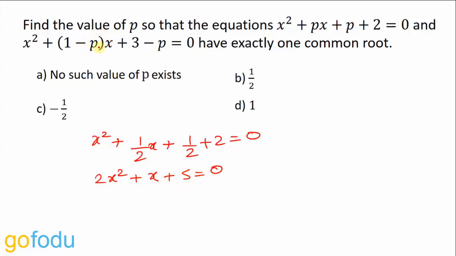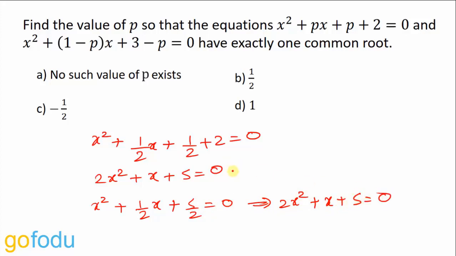And p as 1 by 2 here will make this equation x square plus 1 by 2 x plus 3 minus 1 by 2 is nothing but 5 by 2. So this equation is also 2x square plus x plus 5 is equal to 0. Same, this is equation 1, this is equation 2, both the equations are same. So that simply means that both the roots are going to be common. And our question clearly states that these equations have exactly one root common.